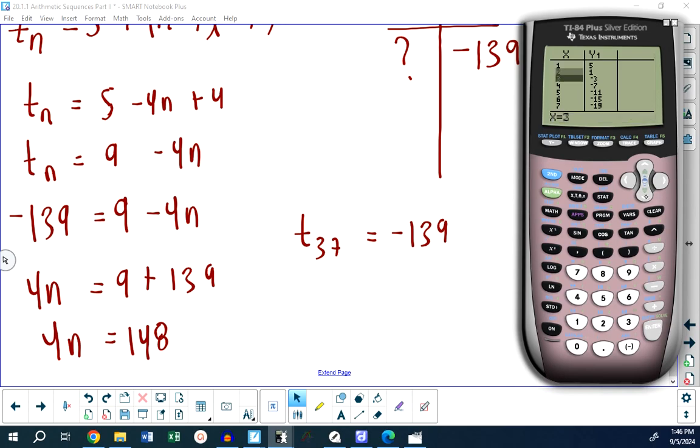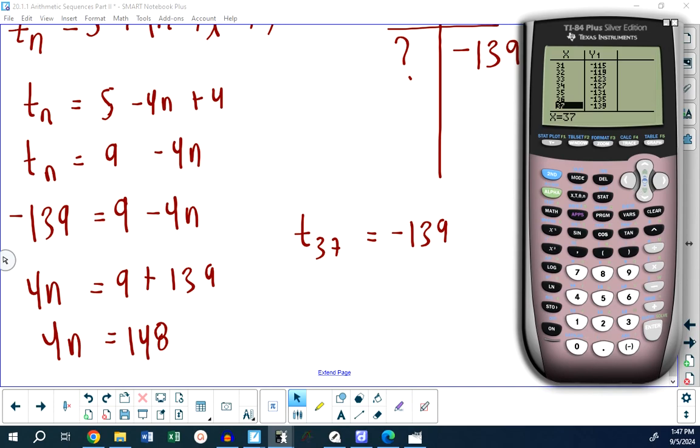I could scroll down, and on your calculator, you would be able to hold the key down. I can't here because then it'll think I'm right-clicking. You can see that I'm quite a ways away, so maybe you'll say, you know what, I'm going to start at 30 and see if that gets me closer. And anyway, you could get there that way too. Okay.